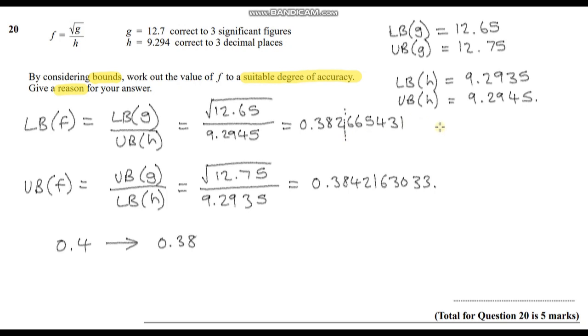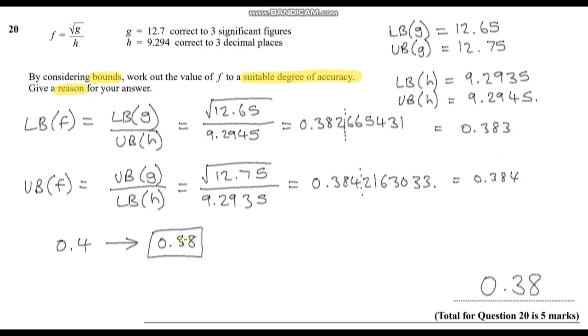This one would be 0.383 because this 6 will tell us to round the 2 up. This one would be 0.384 because the 2 will tell us to round this down. So we can't round to 3 decimal places because we get different answers. So our answer is going to be 0.38.